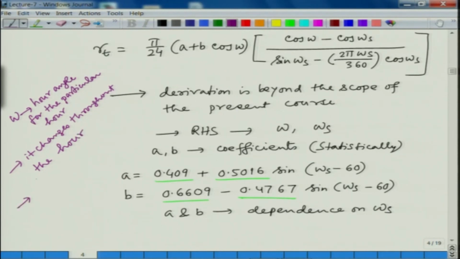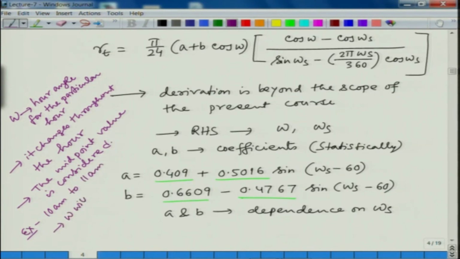So, we consider the midpoint value. What do we mean by midpoint value? If we are considering the hour between 10 am to 11 am, W will be for 10:30 am.